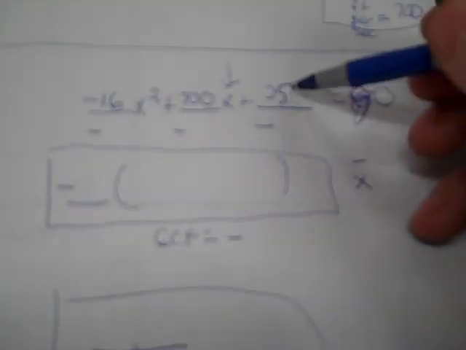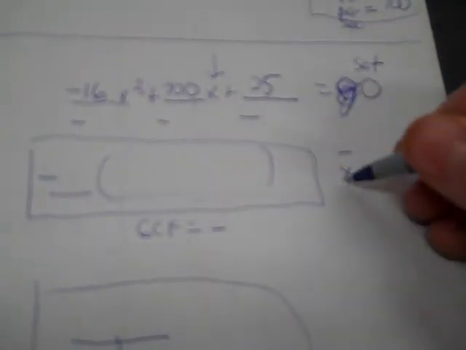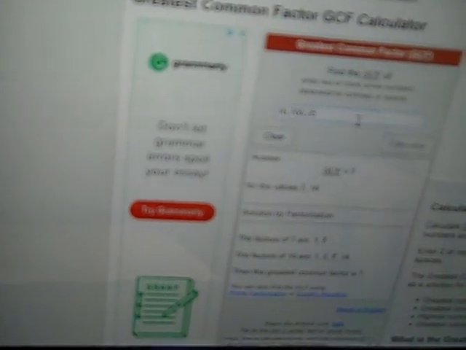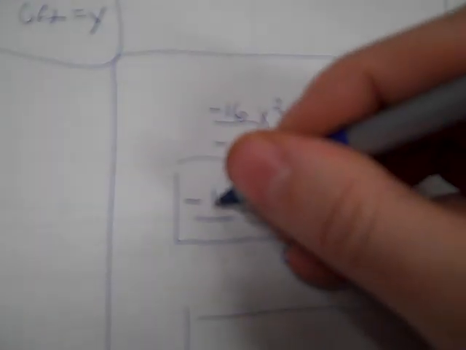X, no, you don't need X because 25, the end number, doesn't have it. And then let's check the GCF out of 16, 700, 25. Yeesh, I just got 1, okay? But it's -1, so I have to do it, okay?